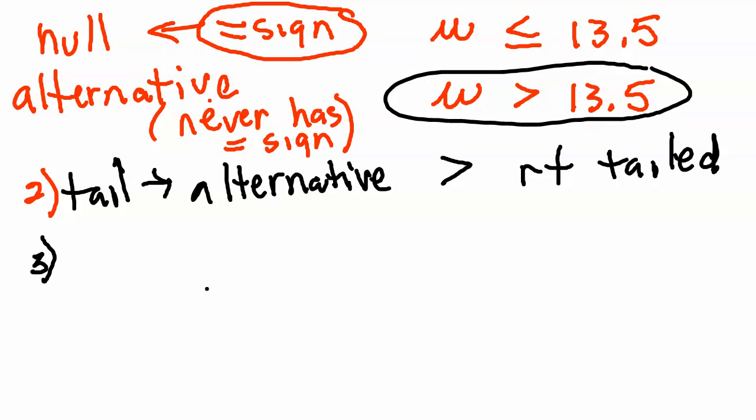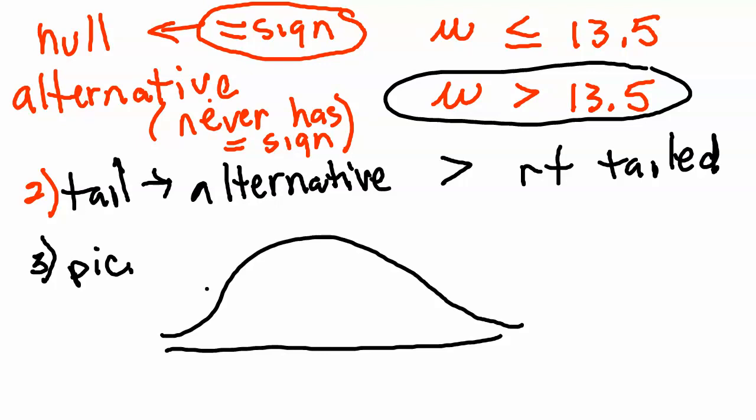So number 3 is our picture. I'm going to draw a curve, and then I'm going to put the claim right here. 13.5 is always in the middle. That's the claim. We always test the sample against the claim.